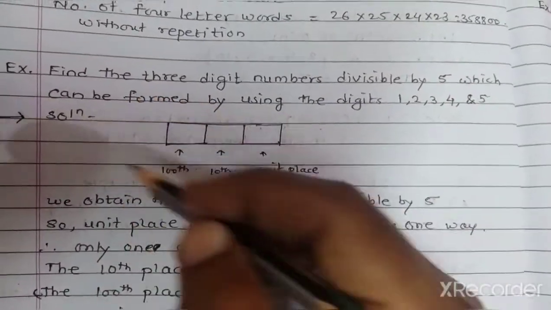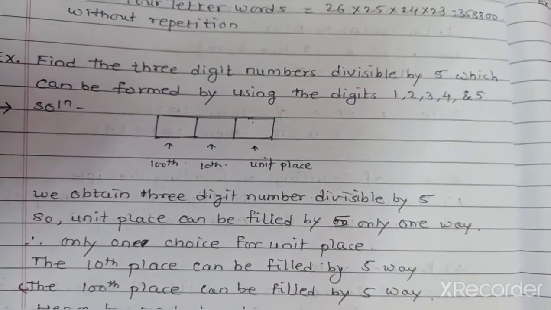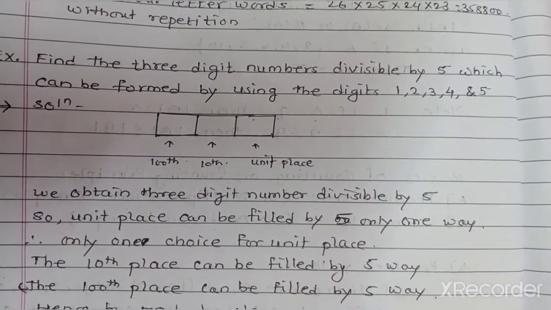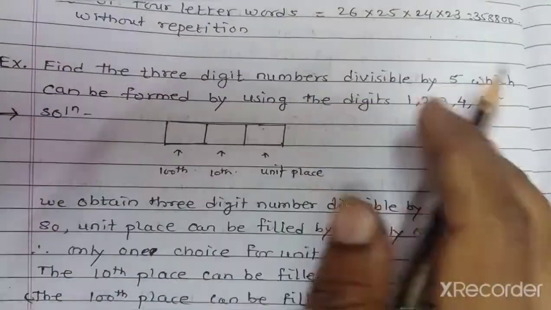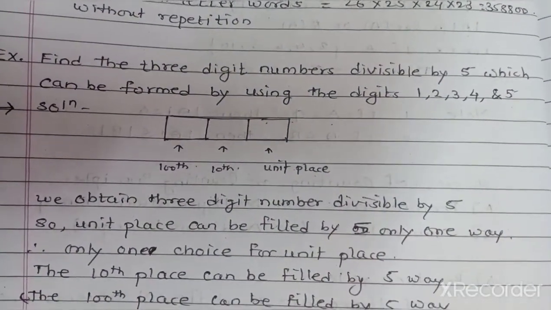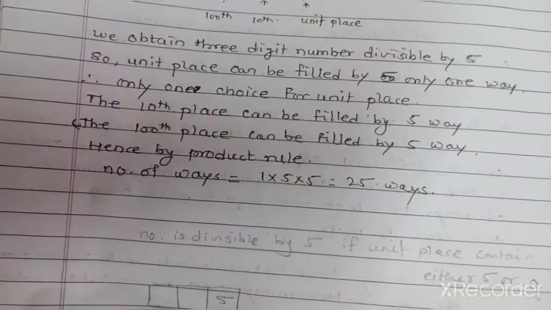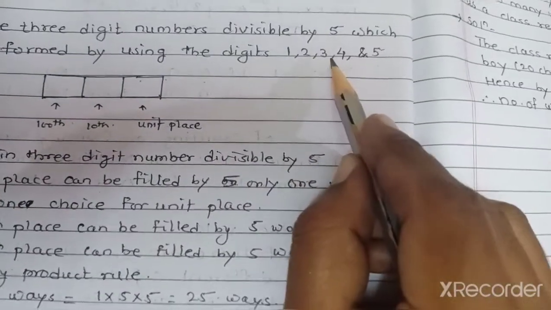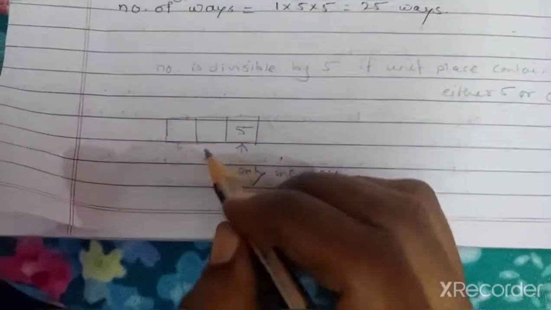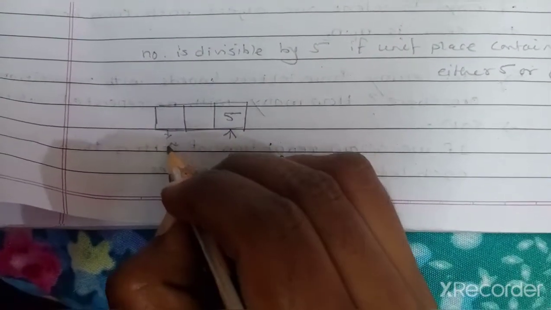So no words are given like no repetition or repetition is allowed. So if such a condition is not given here, then repetition is allowed here. So now the first place is filled by this. So the total digits are 5: 1, 2, 3, 4, 5. So for filling the first place, there are 5 choices.